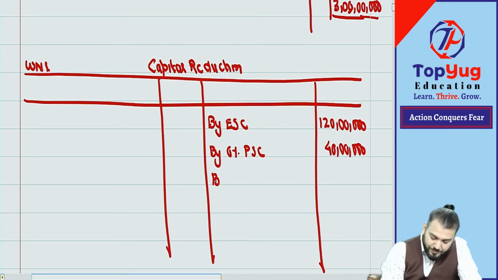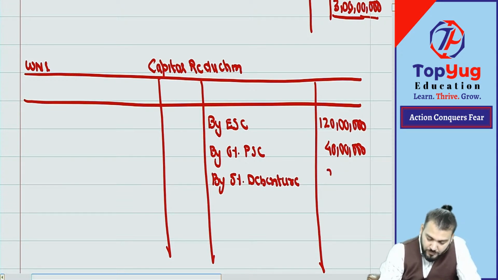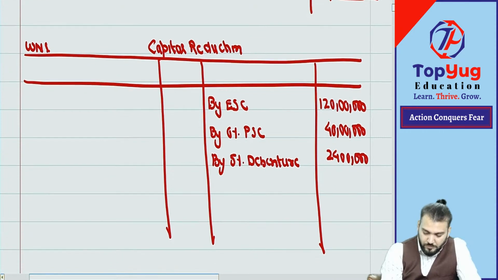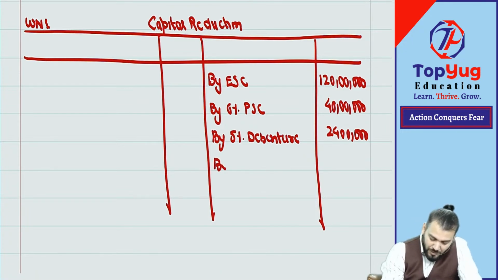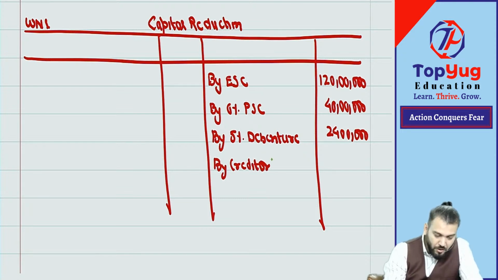Let them buy 5% debenture. How much? 24 lakh. Then what? Then there creditor. Buy creditor. How much? 16 lakh.